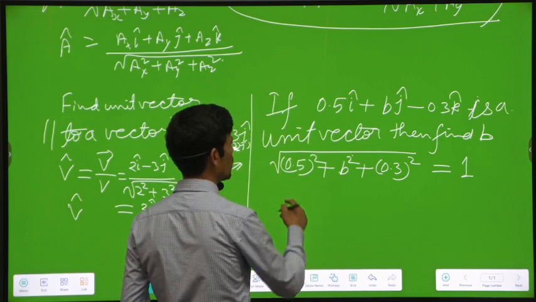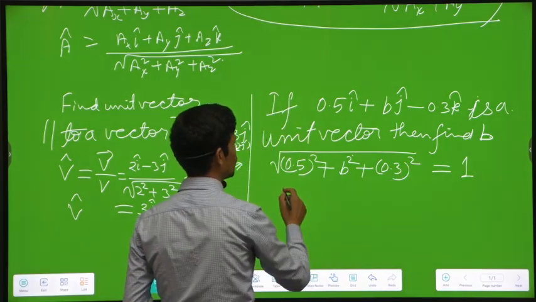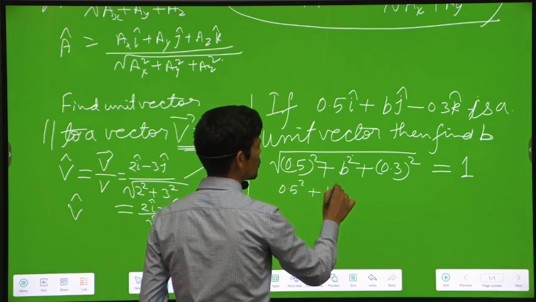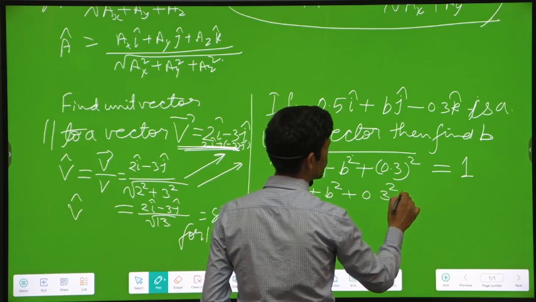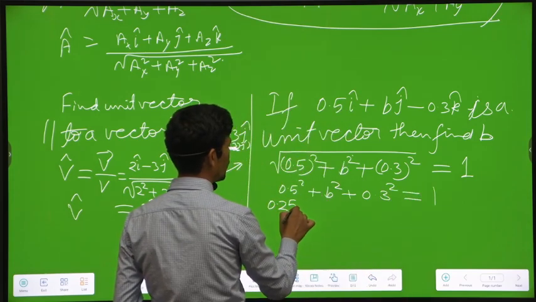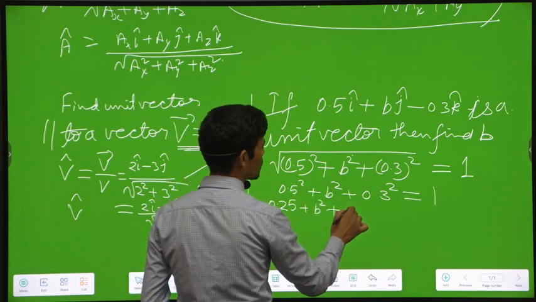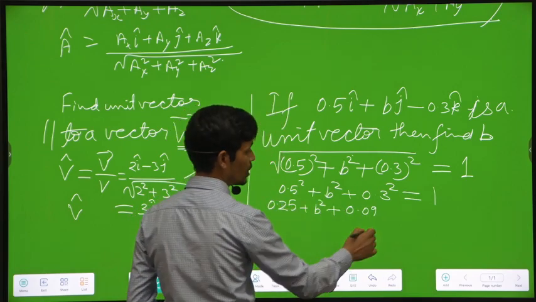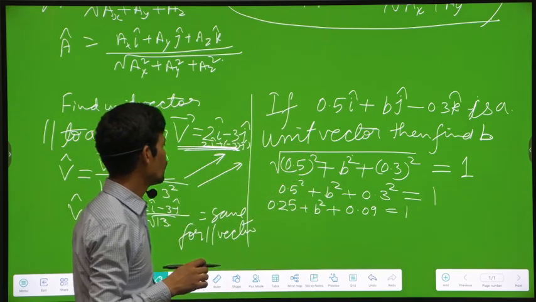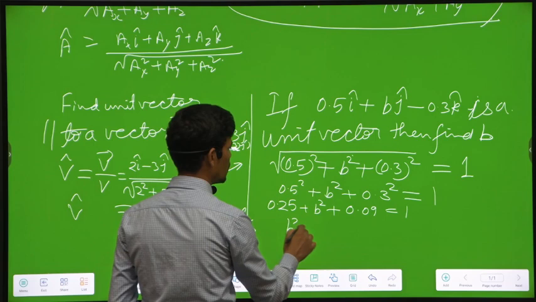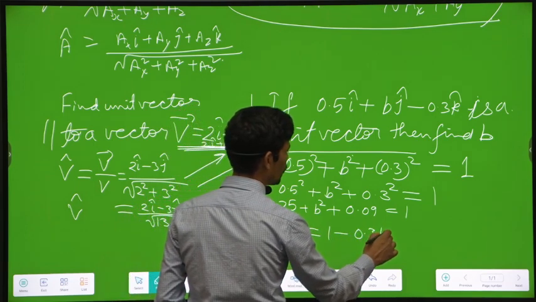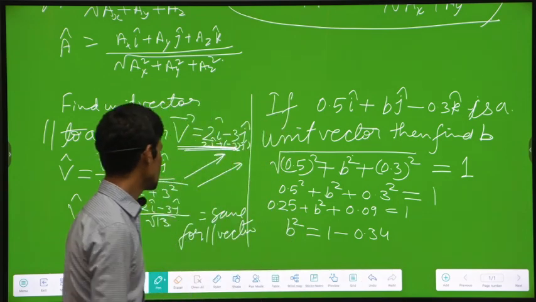If we square it, the root will be removed. Still it is 0.5 square plus b square plus 0.3 square is equal to 1, and then it is 0.25 plus b square plus 0.09 equal to 1. So it will be 0.34, it will go to that side, equal to 1 minus 0.34.